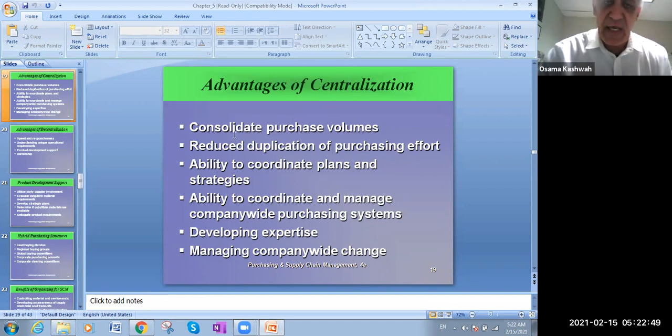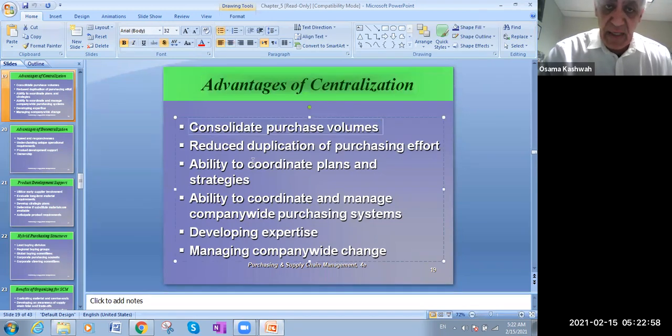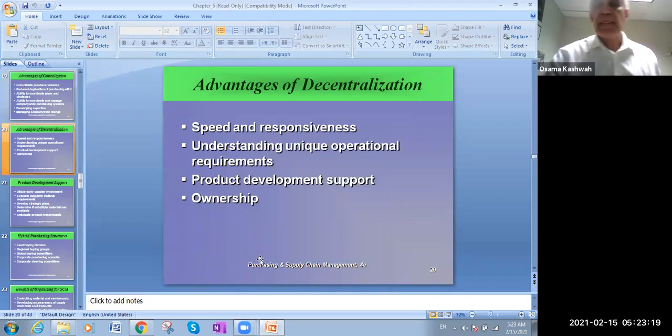Advantages of centralization: consolidate purchase volumes, reduce duplication of purchasing efforts, ability to coordinate plans and strategies, ability to coordinate and manage a company-wide purchasing system, developing expertise, managing company-wide change. So all those are advantages of centralization.